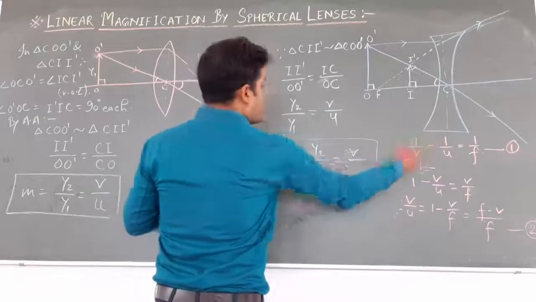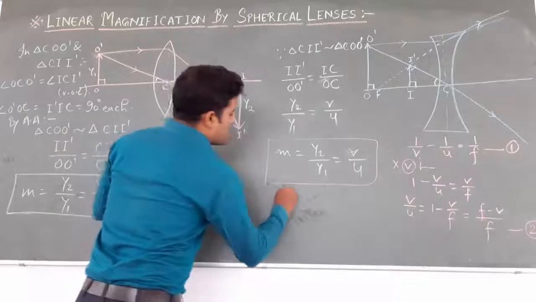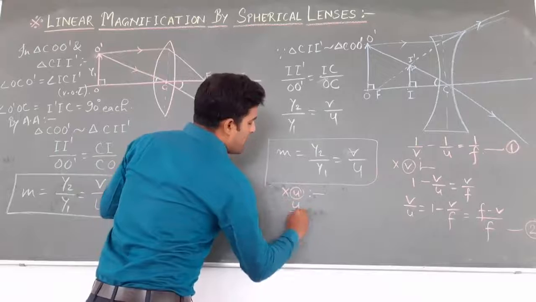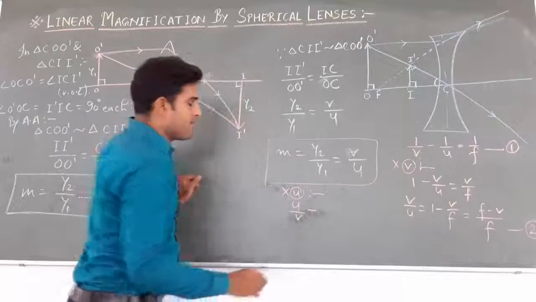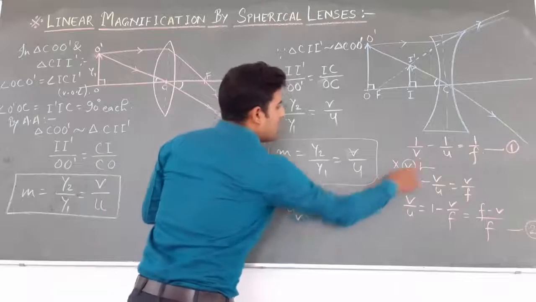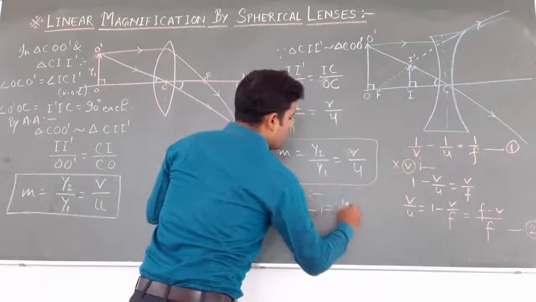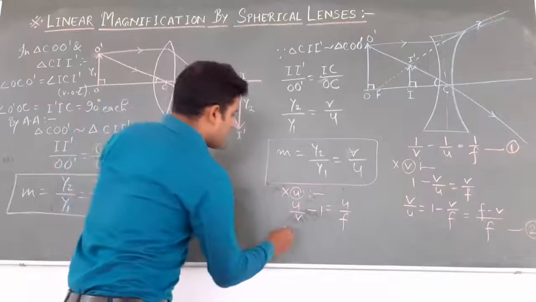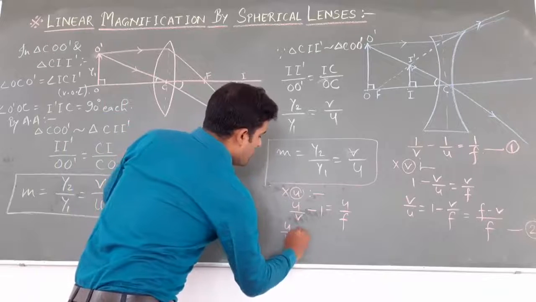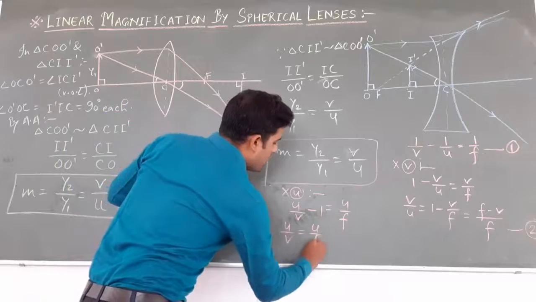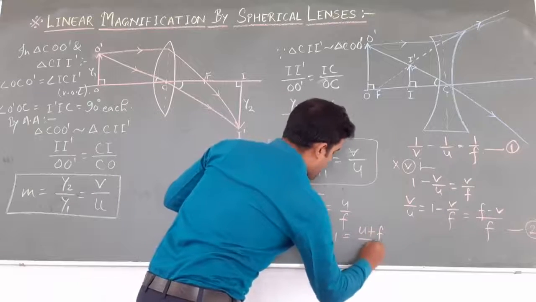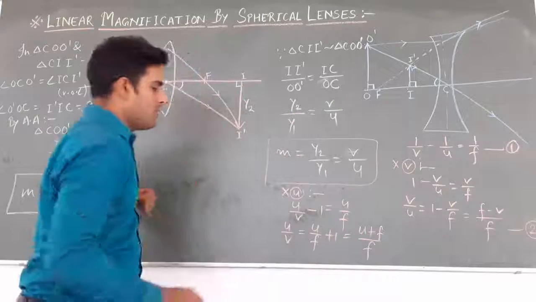Again, multiplying by U in equation number 1, we will get U by V minus 1 is equal to U upon F. After this you can write U by V equal to U by F plus 1, or (U plus F) upon F after taking the LCM.